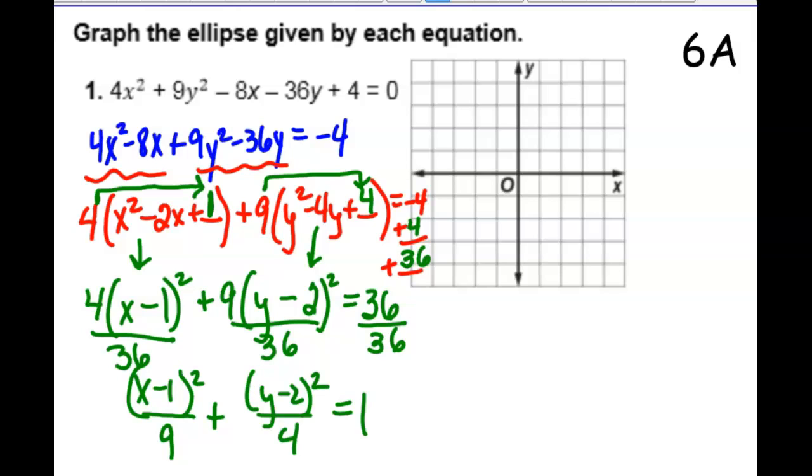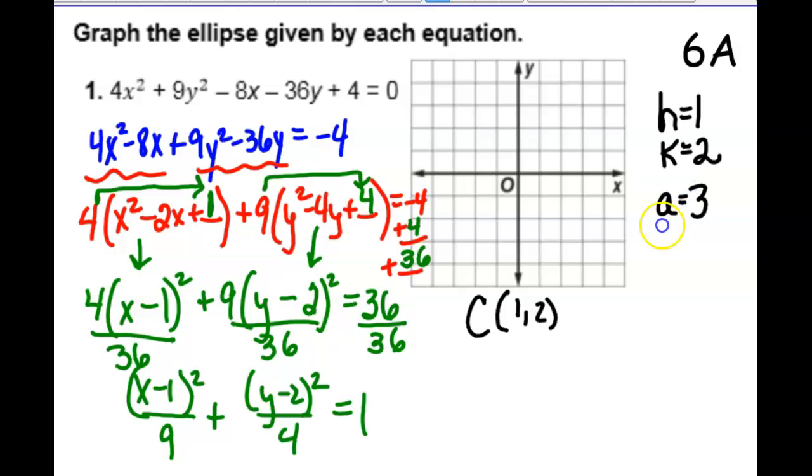So, I want to do the rest of this problem. Where's the center? Okay, so H is 1, K is 2. Did you guys get 1, 2 as the center? Okay, A squared is 9, so A is 3.